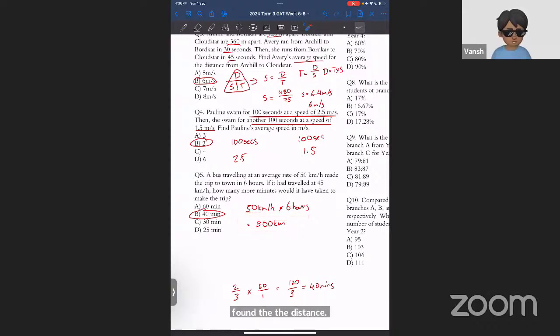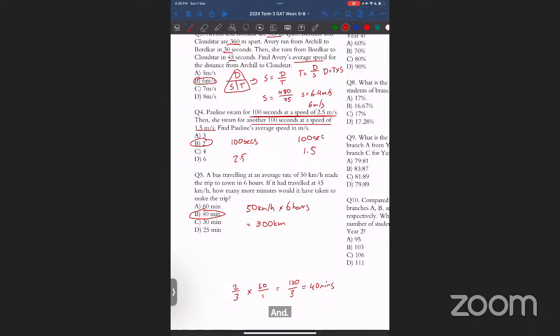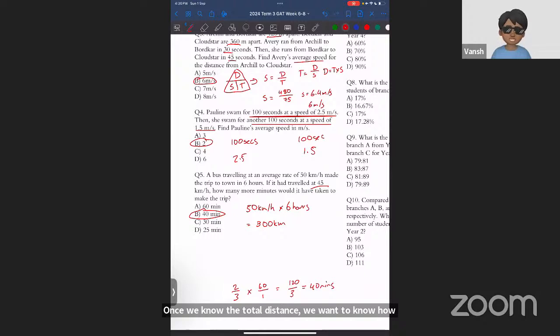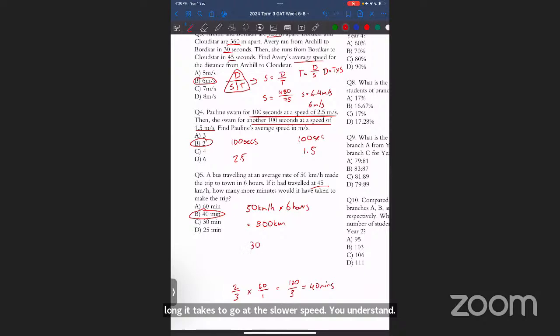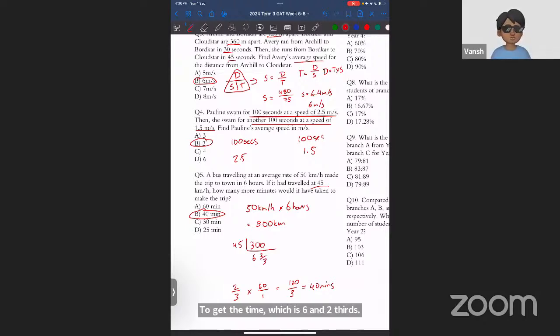And once we know the total distance, we want to know how long it takes to go at the slower speed. Do you understand? Okay. Yes, so that's why we take the distance and divide it by the speed to get the time, which is 6 2/3. Oh, okay. Thank you. You're welcome.